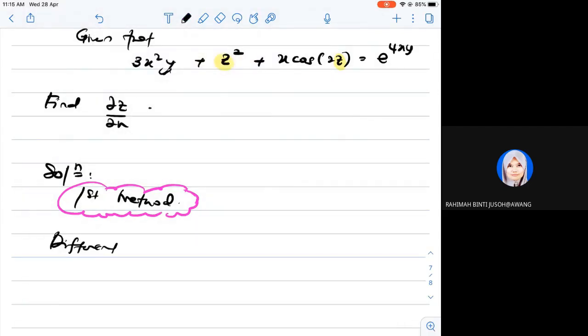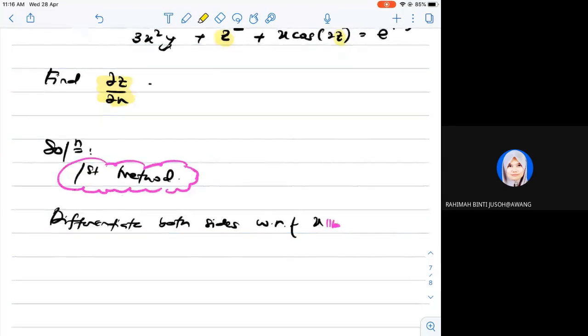Differentiate both sides with respect to x. Sebab kita nak cari del z del x sekali kan. Kalau soalan tu del z del y, differentiate both sides with respect to y lah. It depends on the equation. So now we will have del x.